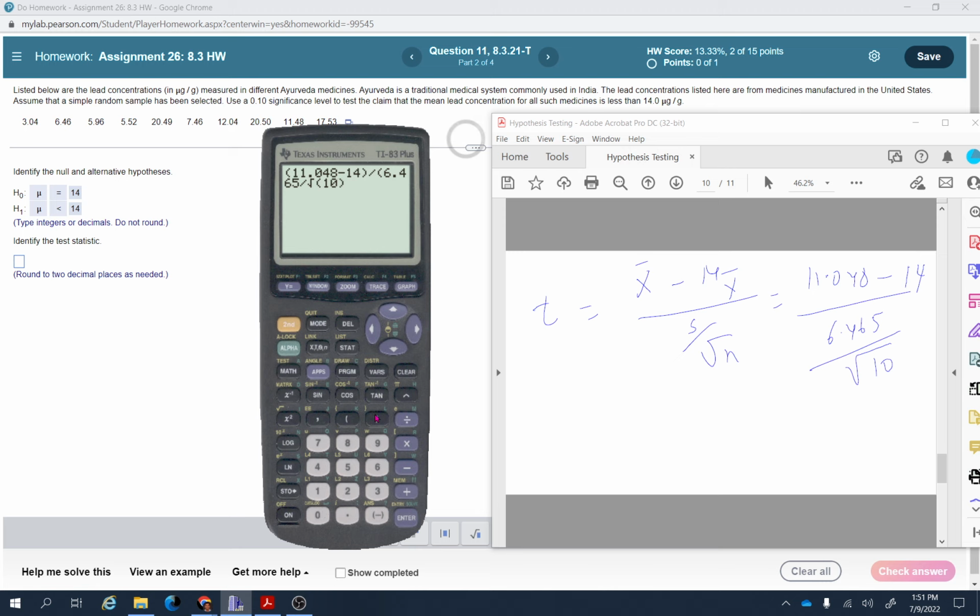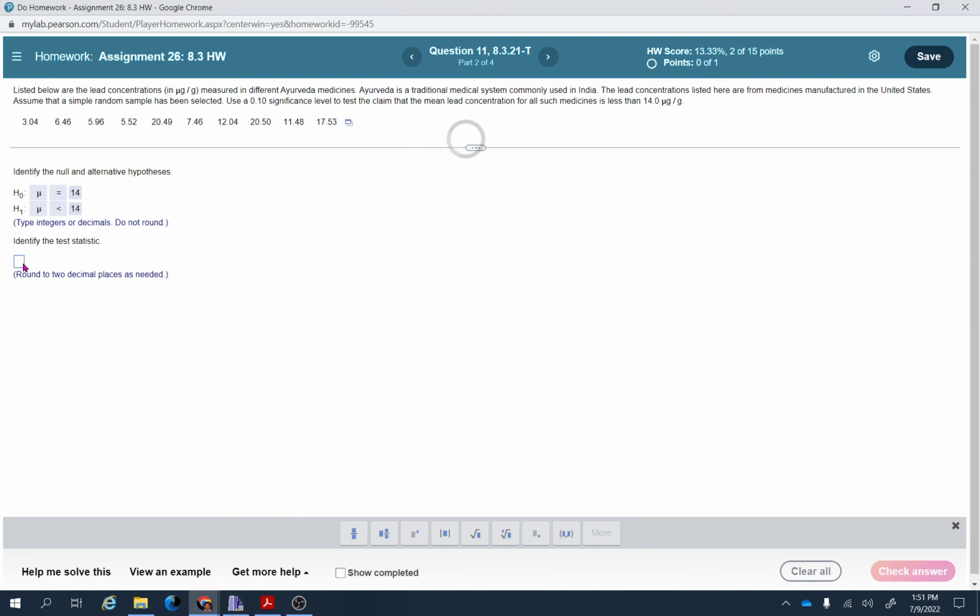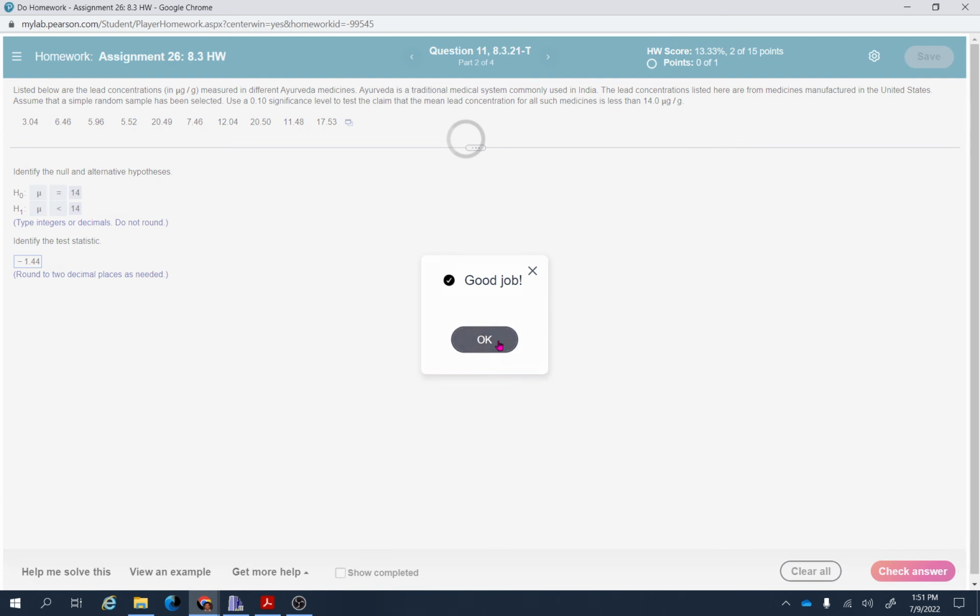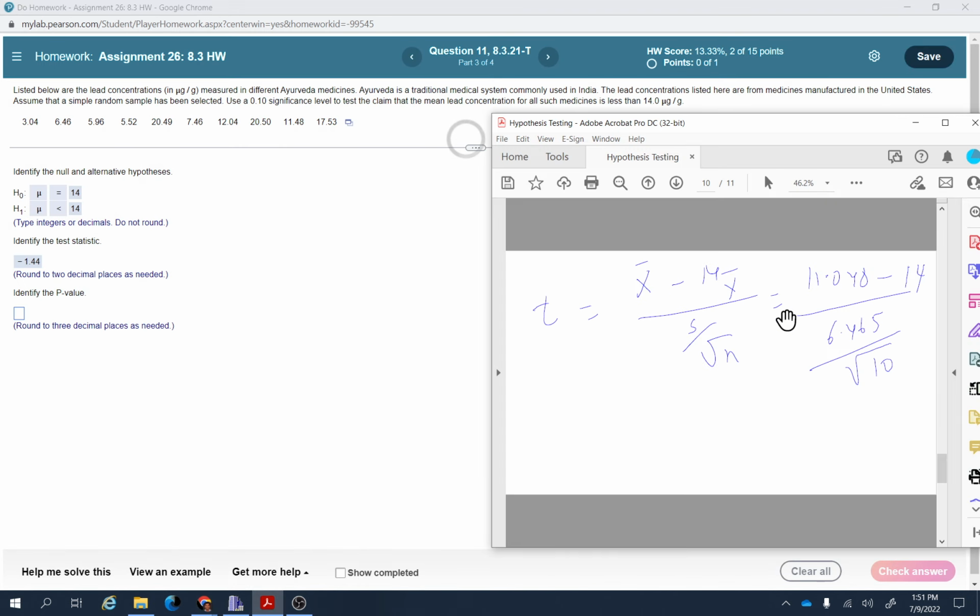That's our sample size. Close the parenthesis, and that gives me negative 1.4439. Rounded to two decimal places, it's negative 1.44. So that's the t-value. We can calculate it by using the data given here.